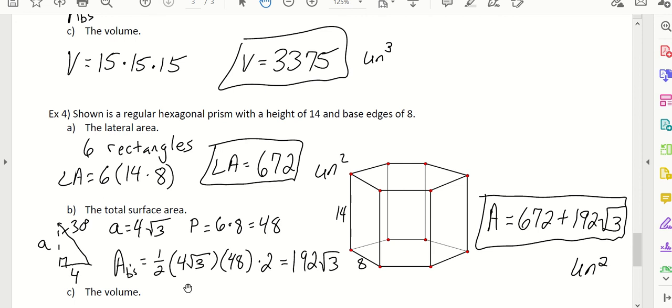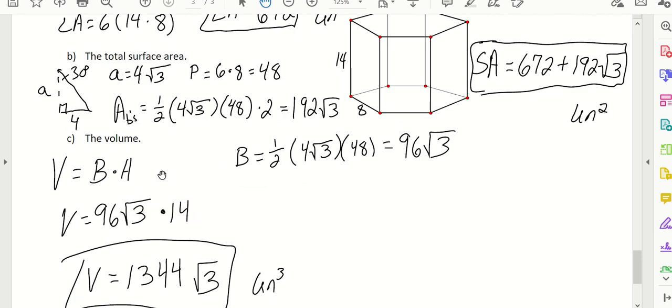Half of 2 is 1, so those just cancel out. 4 times 48 gives us 192, so 192 root 3, that is the area of our bases. So our total surface area, let me write SA for surface area, is equal to 672, that's the lateral area, plus the area of the bases, 192 root 3 units squared.